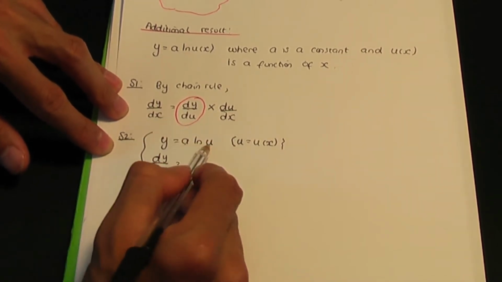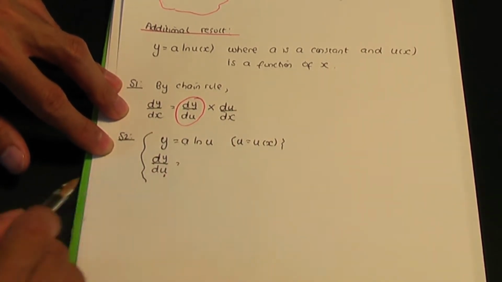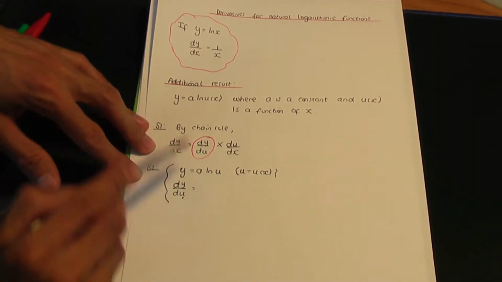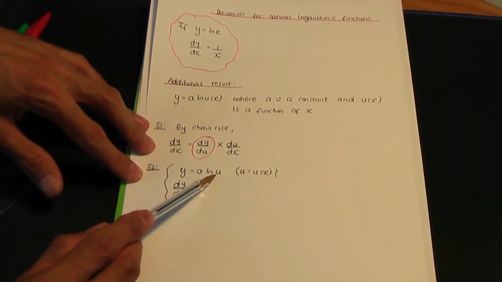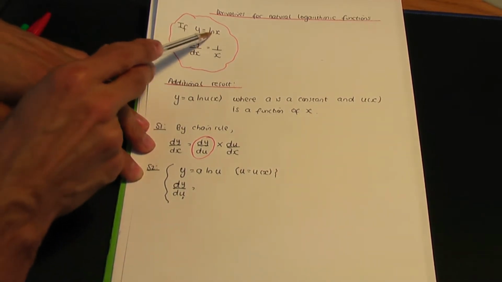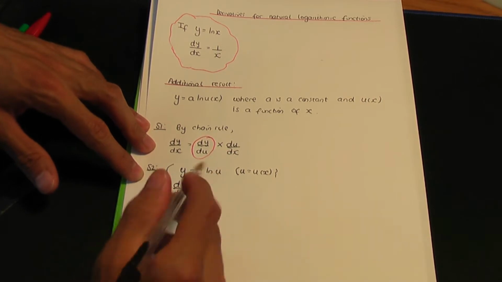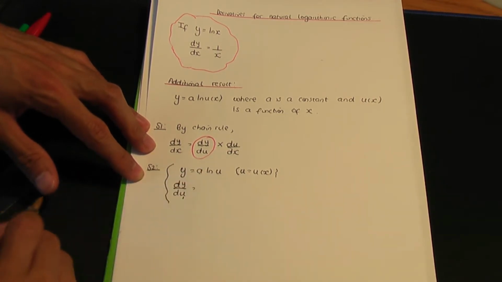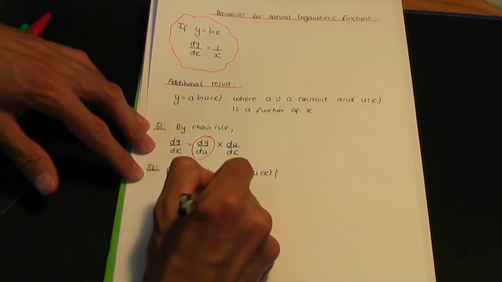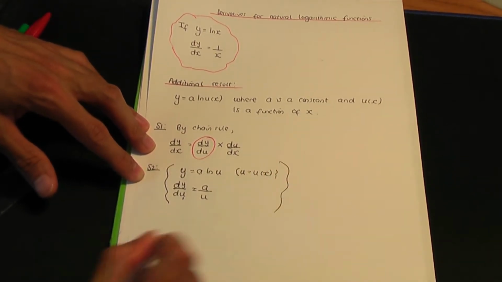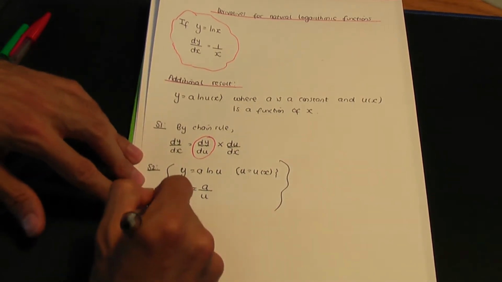So let's differentiate this with respect to u. Now, bearing in mind a is a constant, based on the standard result for the derivative of ln, when I differentiate ln x, it's 1 over x. So therefore, if I differentiate a ln u, a is a constant, the result is going to be a over u. Okay? So that is dy by du.